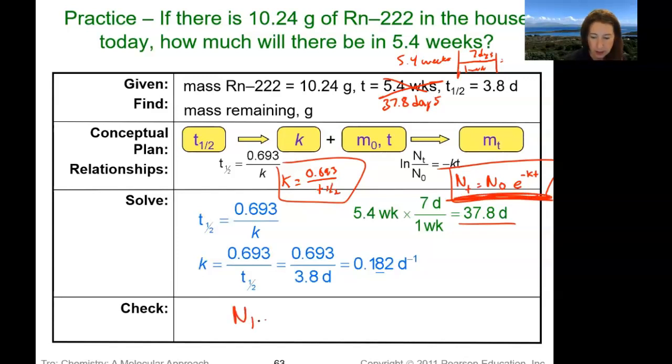I'm just going to do this one. So at time t, I had 10.24 grams times e to the negative k, 0.182 1 over days, times 37.8 days.